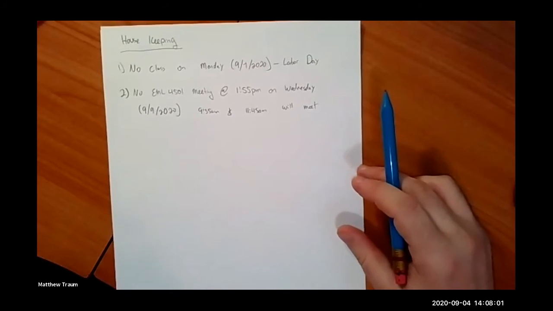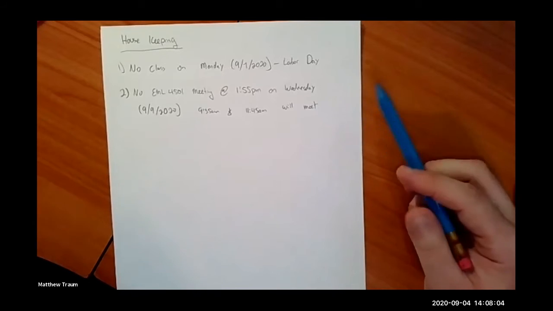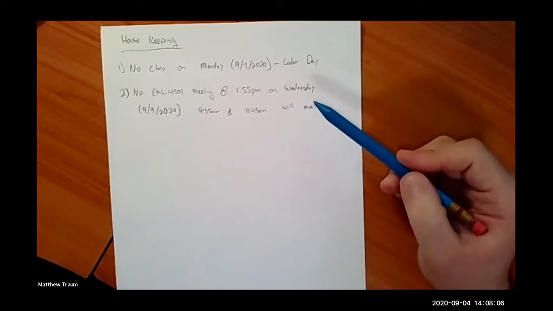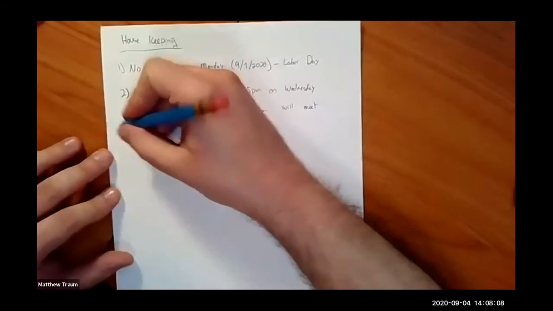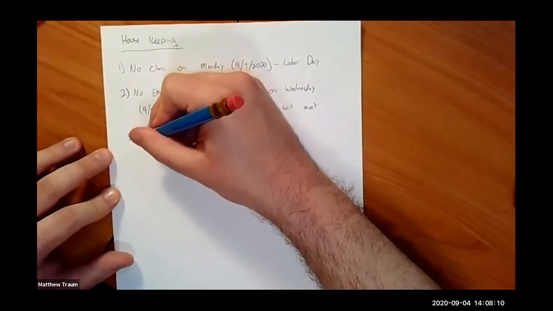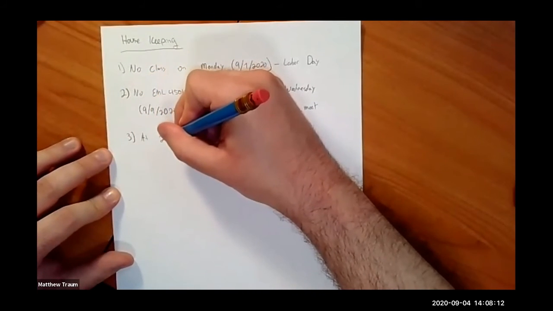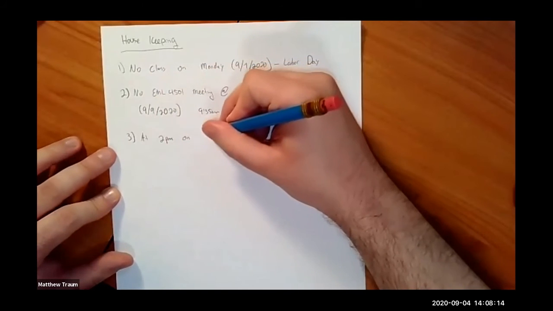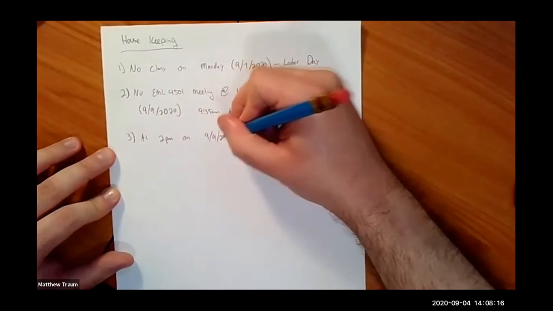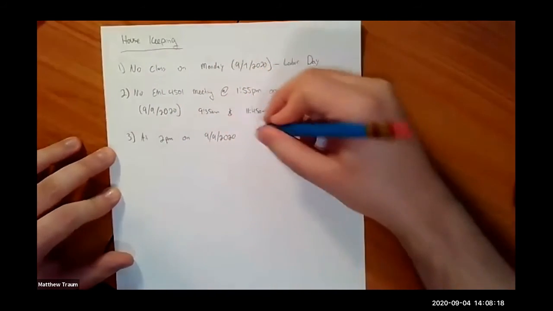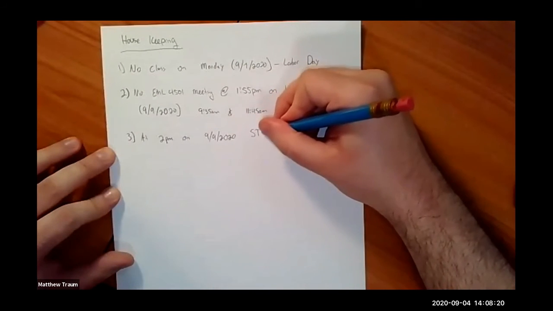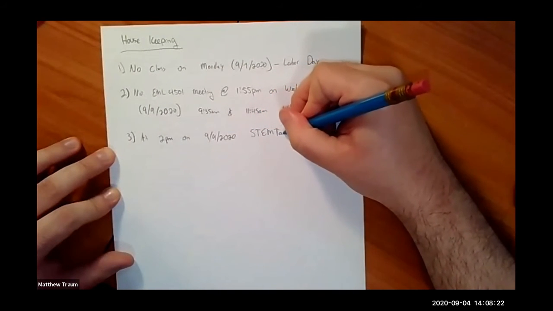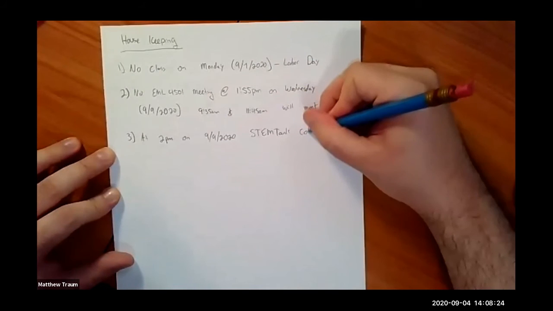You guys are a bit disenfranchised in that at 1:50, actually at 2 p.m. So this is number 3, at 2 p.m. on 9/9/2020, that's Wednesday, there's going to be a STEM Tank colloquy.